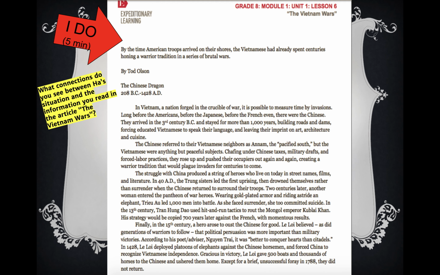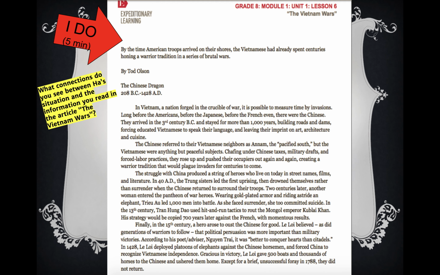So basically, the teacher would go over the things that close readers do, how they would pick apart these words and create a gist. The overall gist here is that China tried to invade the country of Vietnam, and they did for a while.